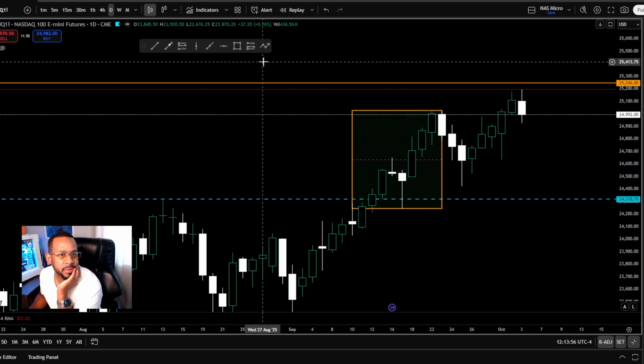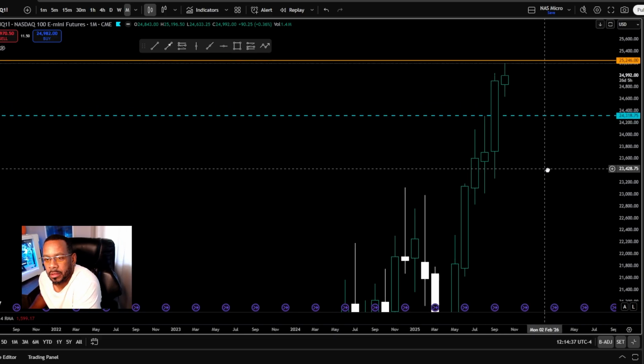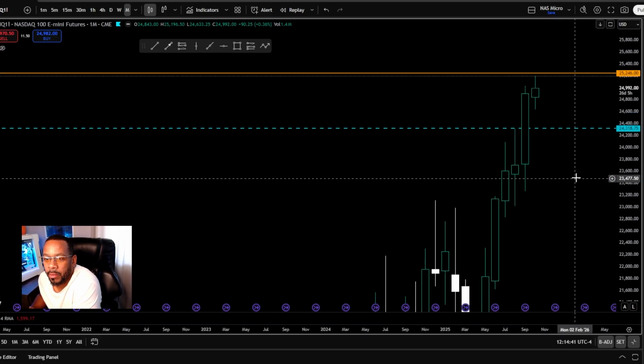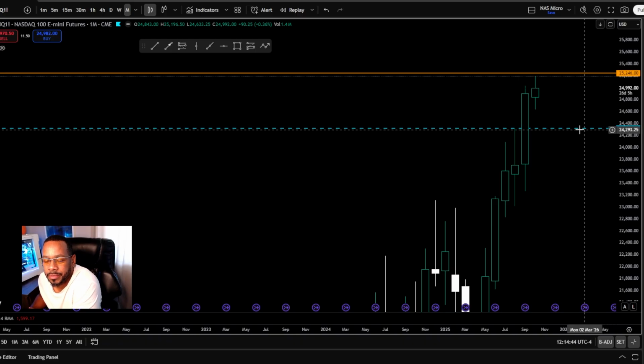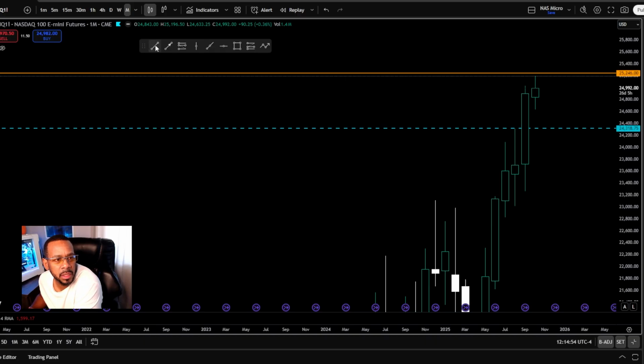So let's go ahead and take a look at our monthly and drill down. So here we are on the monthly. As we can see, price didn't quite pull all the way back down here to our support on the monthly. It did come back roughly about 50% here of this imbalance, which is a good thing.